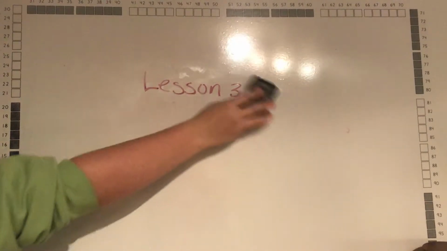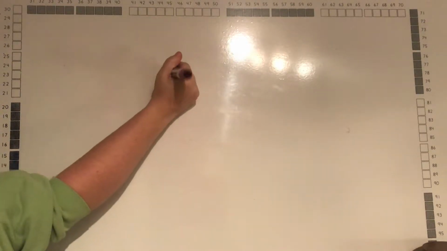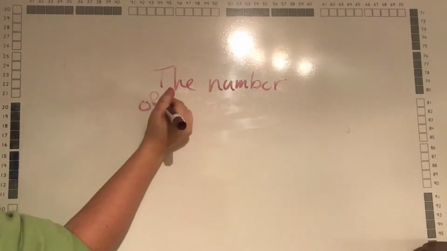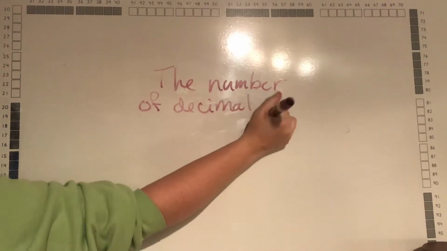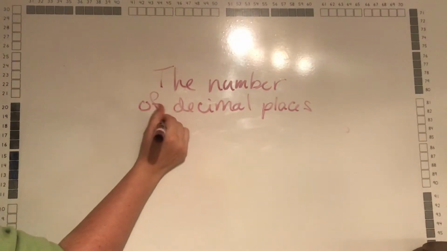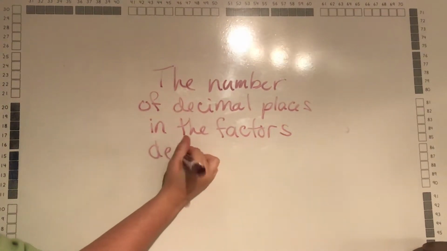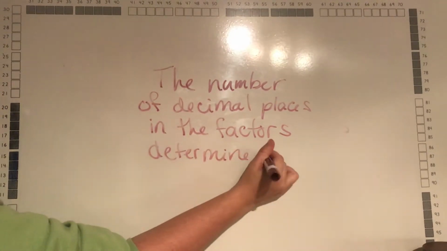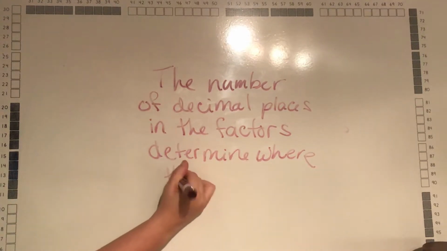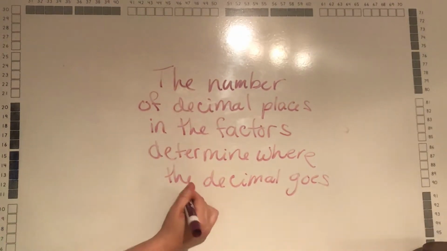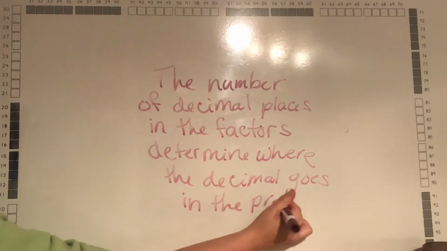So for your notes, you need to write down that the number of decimal places in the factors determine where the decimal goes in the product.